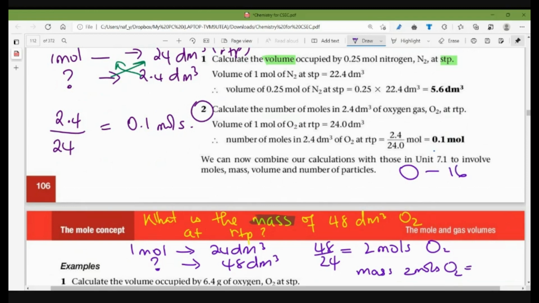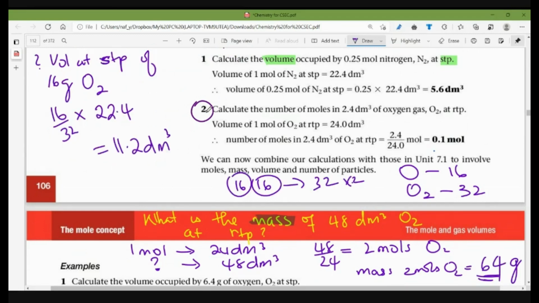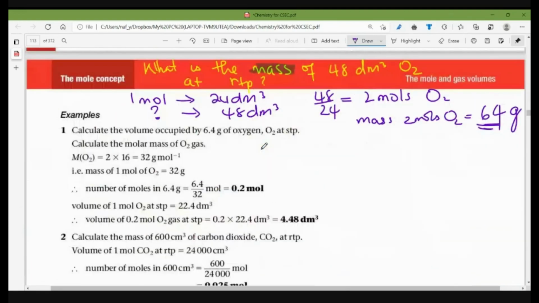But what do we have? Oxygen or oxygen gas? So this would be 32. Good. So if I have 2 moles of this, what would be the mass of oxygen gas? 64 grams. Right, ladies.